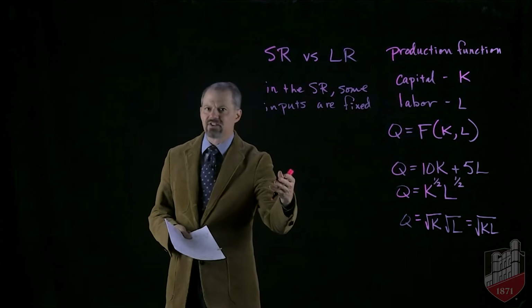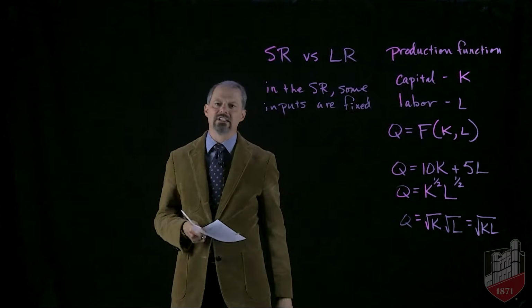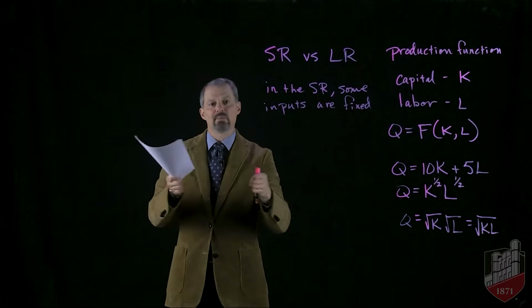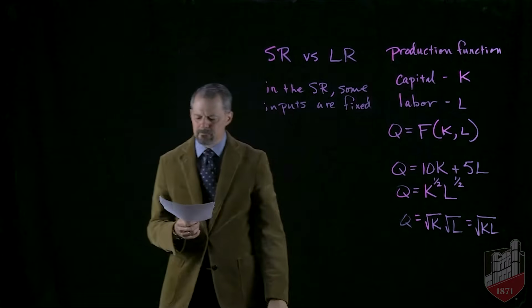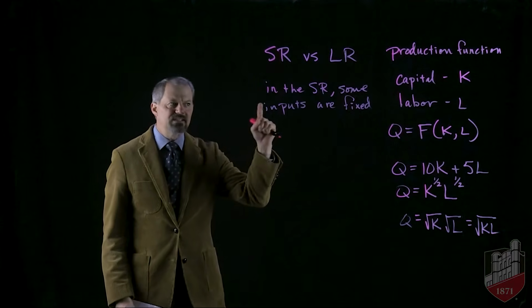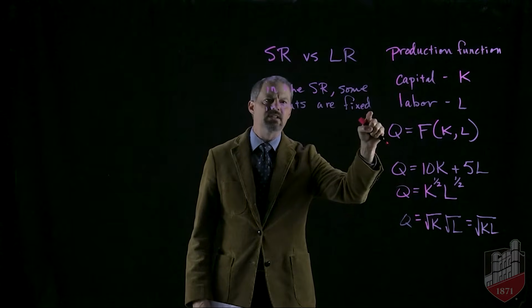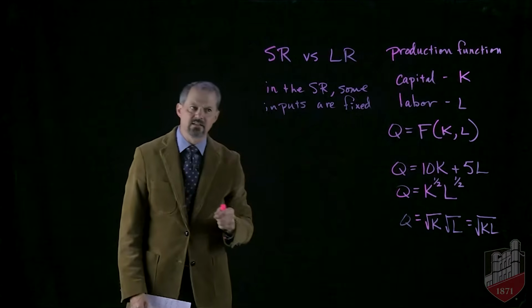Or if your lease expired at the end of the month, let's say there's 30 days until the lease expires, the short run would be 30 days. So it's not a set amount of time. Okay? Now, what we're going to see is that these fixed inputs generate what we're going to end up calling fixed costs. Okay?